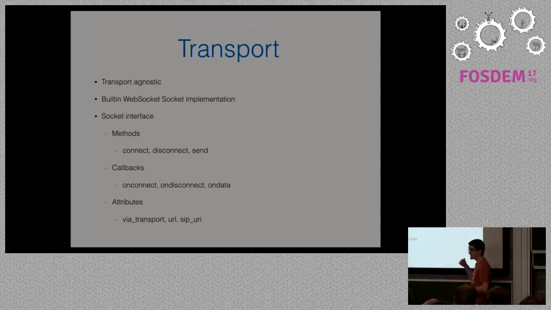And it's got some mandatory attributes, which have their default values, which are via transport, URL, SIP URI, which helps creating the SIP messages and setting certain non-standard values that some SIP server vendors require.